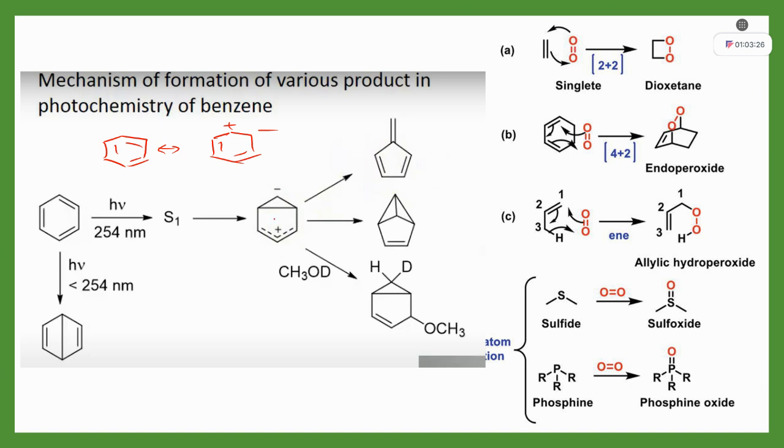Okay. Now for this, you can see this negative charge is at basically this, positive charge is outside. So let's draw one more resonating structure. Negative, this positive will be here, and this will be there. Understood till this point?